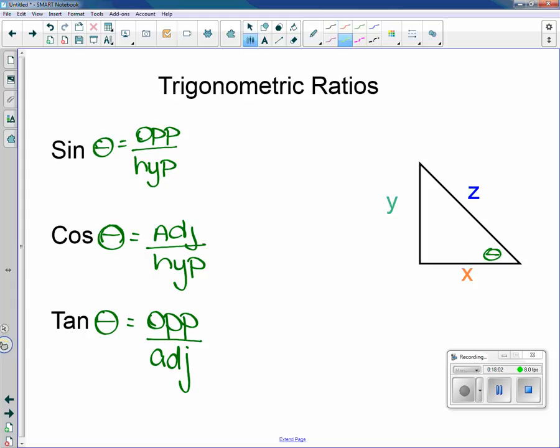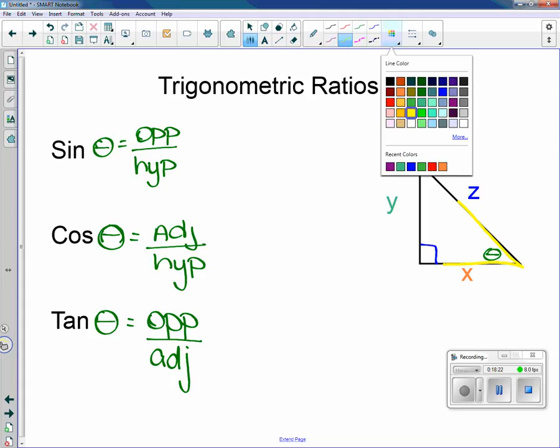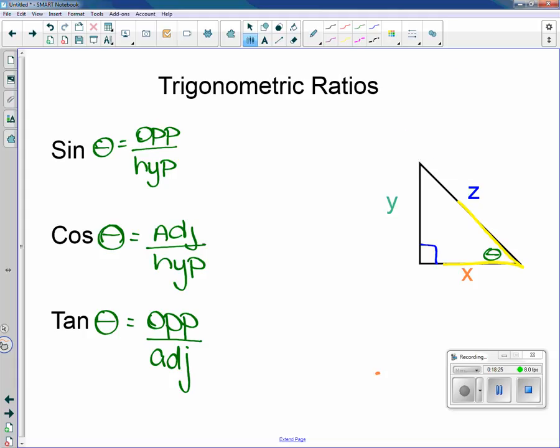So if I'm talking in relationship to this theta, I'm going to highlight this angle just like I did before. Is everybody with me? And I forgot to put my right angle in there. I'm highlighting that angle. We know what Z is. What does Z represent? The hypotenuse, right? So I'm going to put an H there. In reference to this theta, what does the X represent? Adjacent.